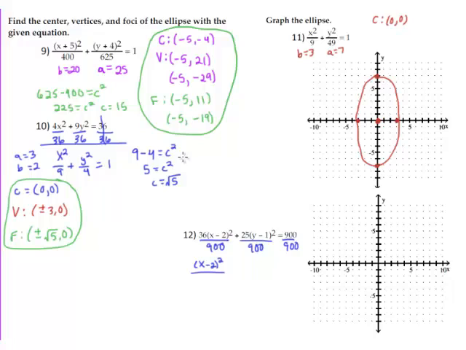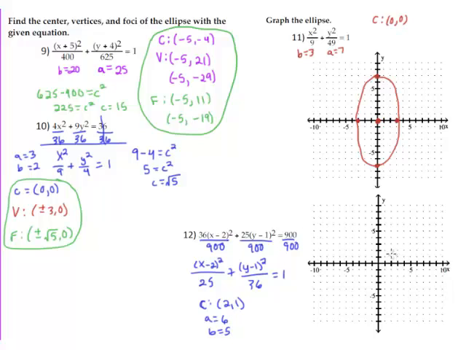Yep, 25. So that's 25 on bottom. And then that'll be 36 on bottom. So the center of this is at 2, 1. And a is 6, b is 5.